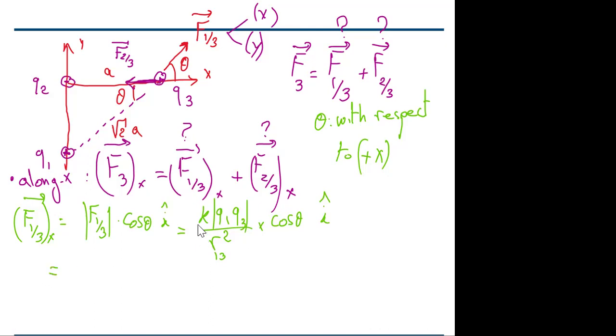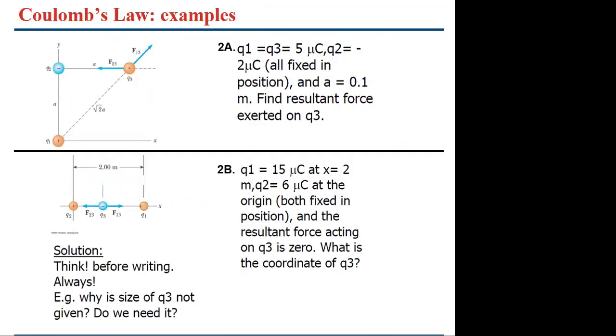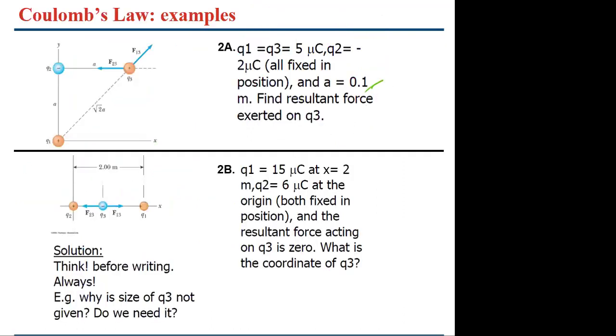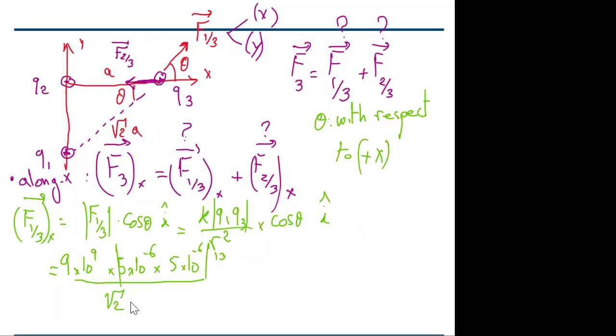So it will be k, 9 times 10 power 9, times q1, which he said is 5 microcoulomb, 5 times 10 power -6, times also 5 microcoulomb for q3, 10 power -6, divided by the distance between q1 and q3, which is square root of 2 a, and a, he said, is 0.1 meter. So square root of 2 multiplied by 0.1 meter, both of them squared, multiplied by cosine theta.